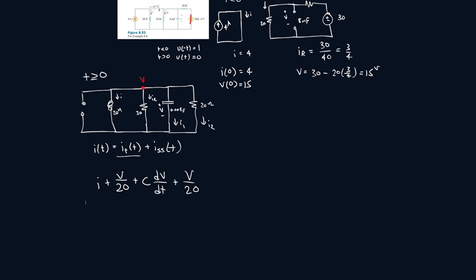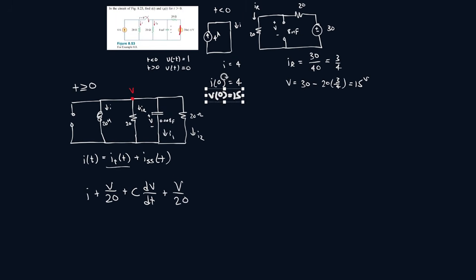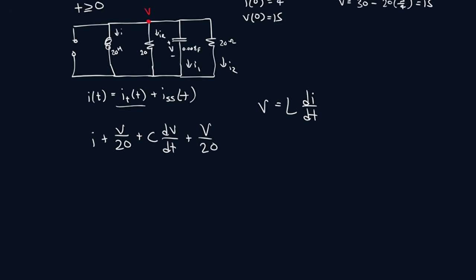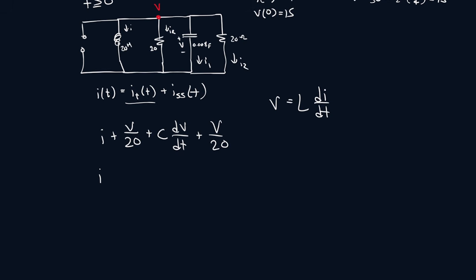So what I'm going to do is, I know the following is true. The voltage at this inductor is going to be equal to the inductance value times the change in current over the change in time, and the voltage of this inductor is going to be the same voltage here. So I'm going to just plug in this V value into here. I'm going to add these two up, so that should be V over 10.